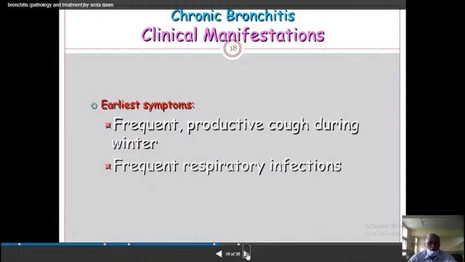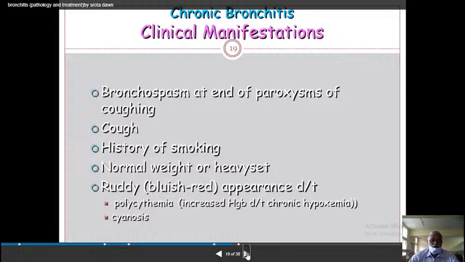Then you have the earliest symptoms: frequent productive cough during winter, frequent respiratory infections, and bronchospasm at the end of paroxysms of cough.